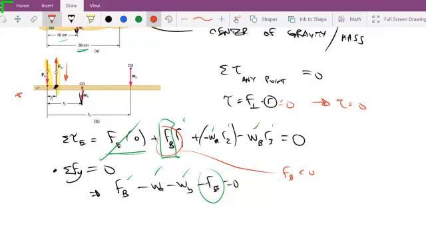We could have redrawn it before doing the sum of forces in the y direction, or we could have left it as a negative value and calculated the elbow force by putting it in here as well. It means the same thing as previously with the sum of forces in the x and y directions. If we weren't sure of the direction, we could pick one, and if we end up getting a negative value when we solve for it, it just means that we drew it in the opposite direction of which it should have been.